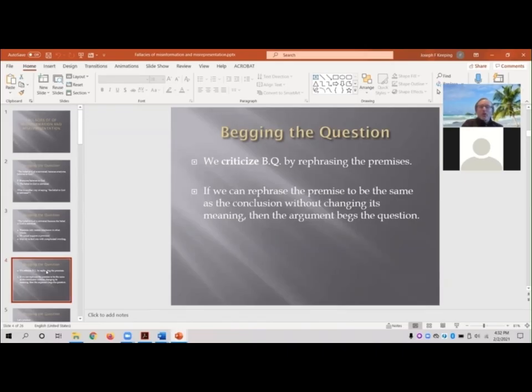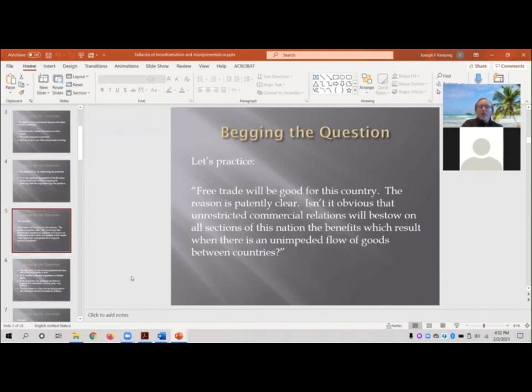So you can detect begging the question by looking at the wording in the premises and seeing if you can replace the wording so that it's the same wording as in the conclusion while preserving the meaning. In other words, exactly what we did here, right?